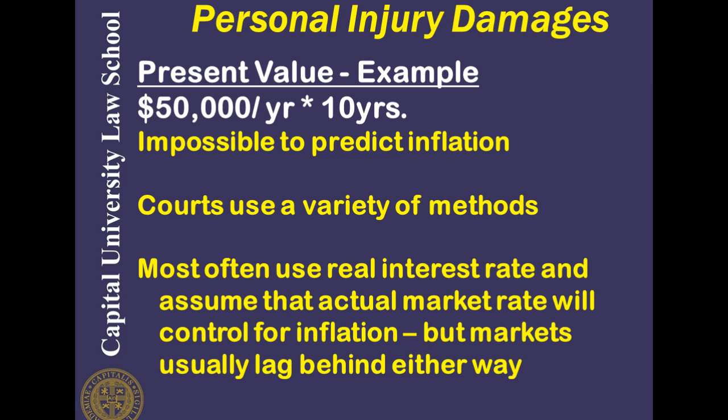The problem here is that markets usually lag behind either way. They will underpay at a time when inflation is increasing, and they're likely to overpay at a time when inflation is decreasing. So this can be a problem for both parties, and this is a problem that vexes the courts in personal injury cases.